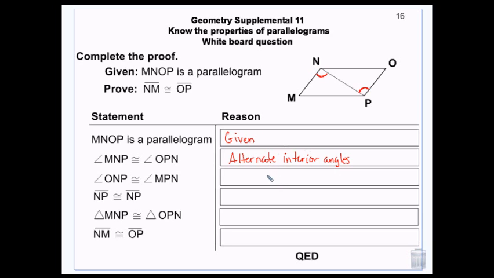ONP, that's this angle here, is congruent to MPN, which is this angle here. Those are also alternate interior angles.